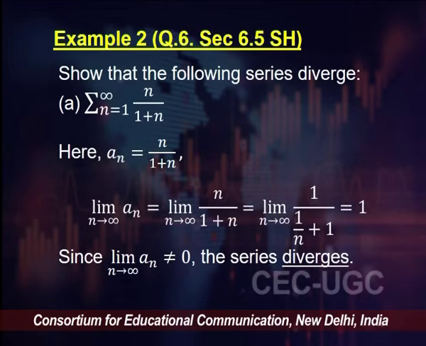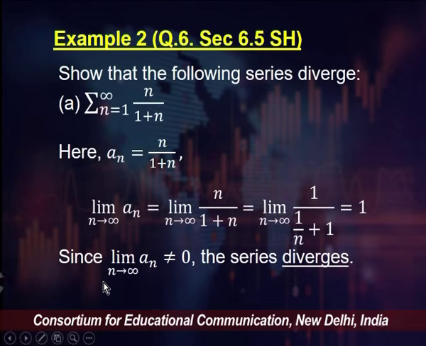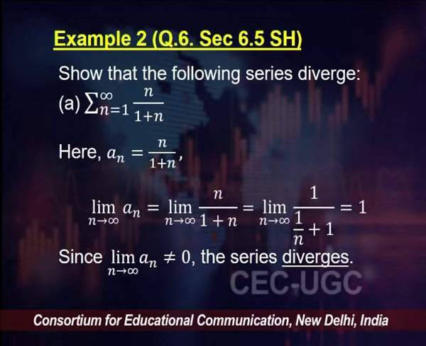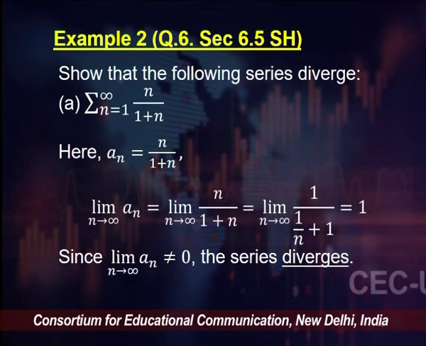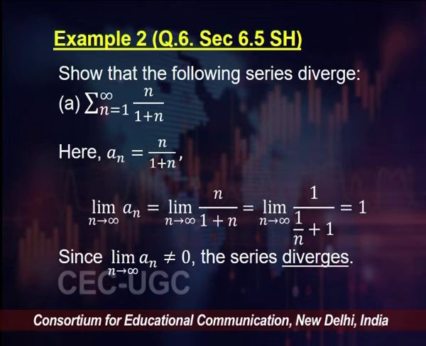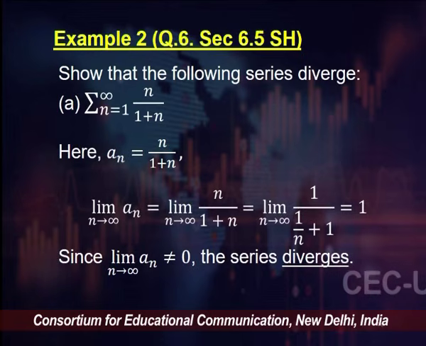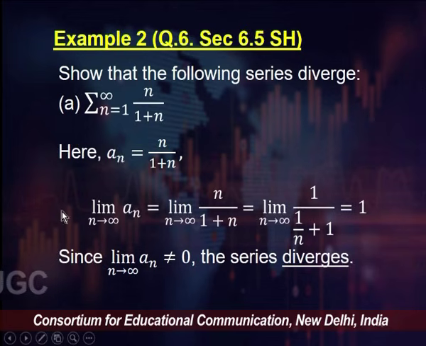So, let's look at this problem. I'll be taking up most of the problems, in fact, from the exercise for section 6.5 in Sydsæter and Hammond, and this exercise has an excellent set of questions, very exhaustive and good for practice. So, let's take a look at these questions.